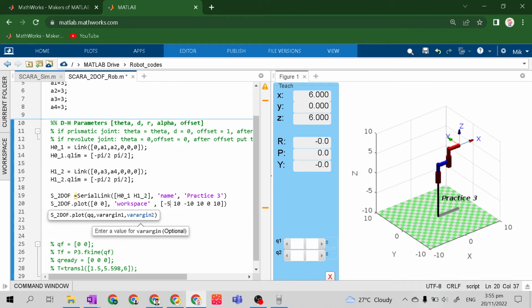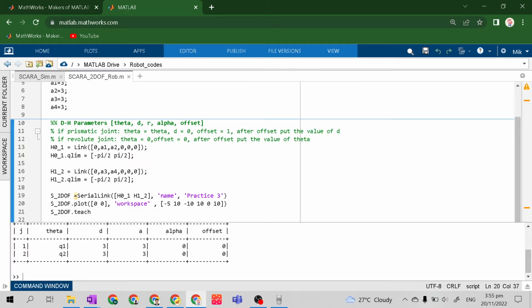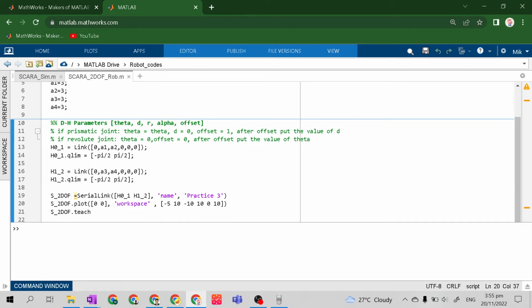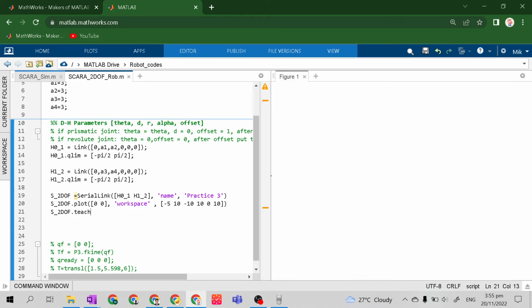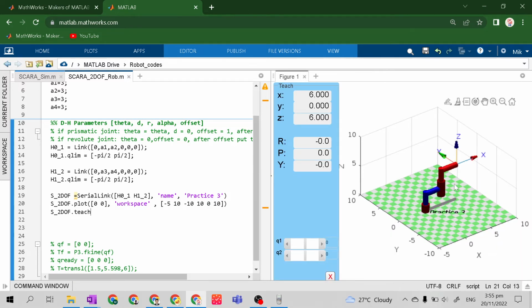Okay. So again, let's close this. Let's clear all. And CLC. Okay. Then F5. Okay. So it's much bigger.